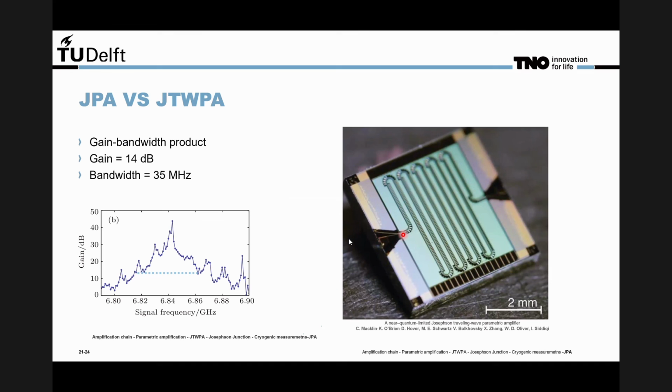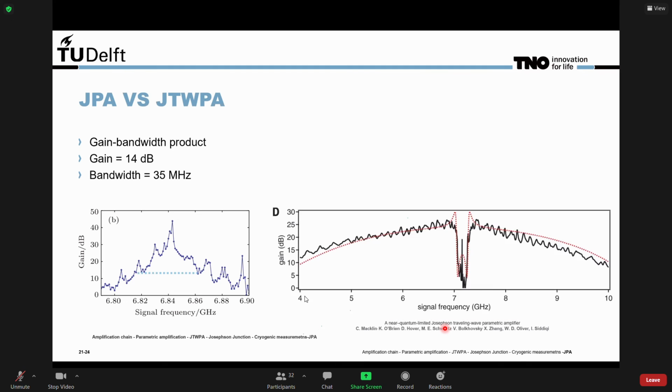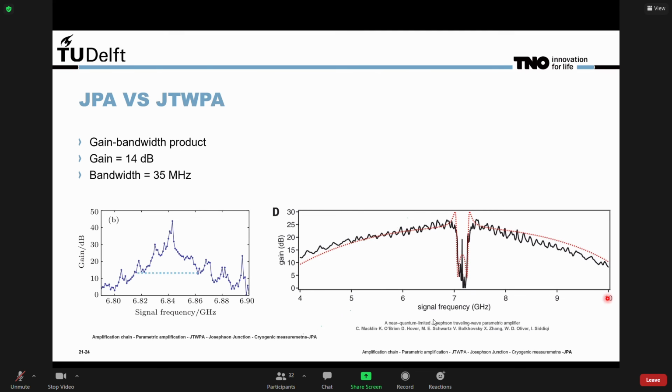So this is what an actual TWPA looks like. This picture is taken from the paper below, and it's an amplifier used to amplify very weak signals, more specifically microwave signals, typically inside a frequency band. Here we see such a frequency band, between 4 and 10 gigahertz.